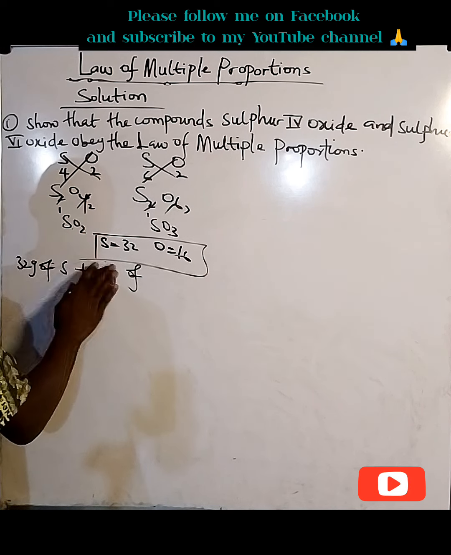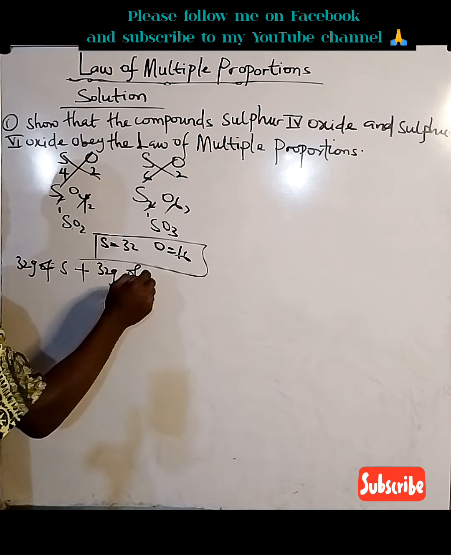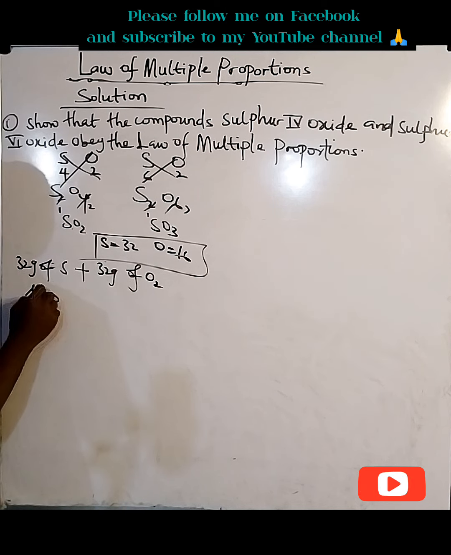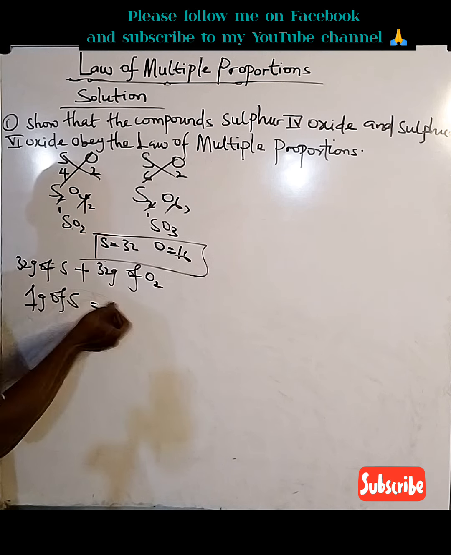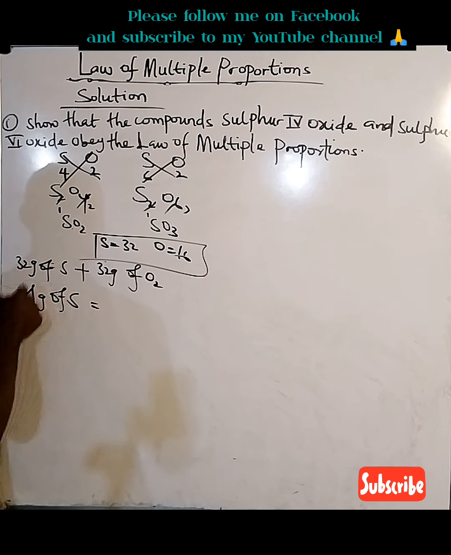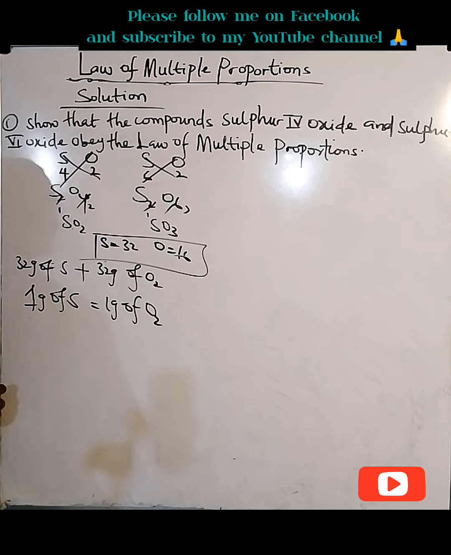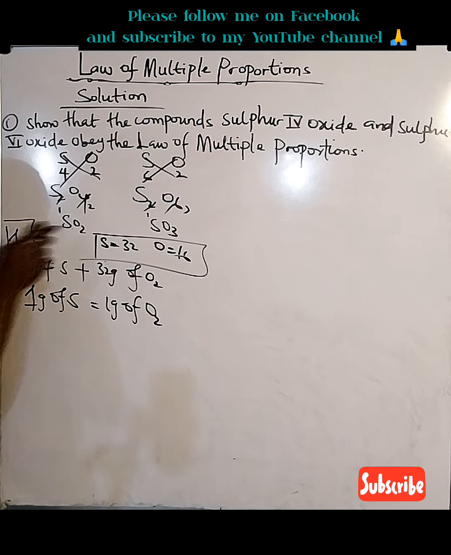Oh, 16 times 2 is 32, I beg your pardon: 32 grams of oxygen. So if that is that, how much oxygen will 1 gram of sulfur combine with? X grams. Cross multiply: 1 gram will combine with 1 gram of oxygen mathematically. So we're done with that, from the first compound.